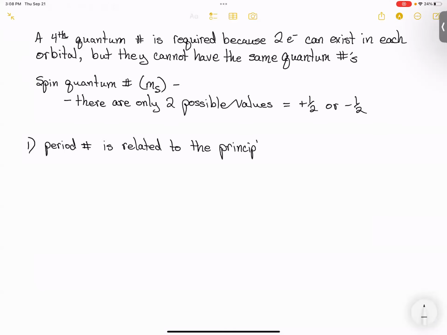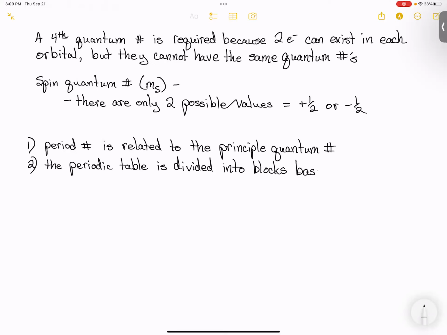Number 2, the periodic table is divided into blocks based on the angular momentum quantum number.